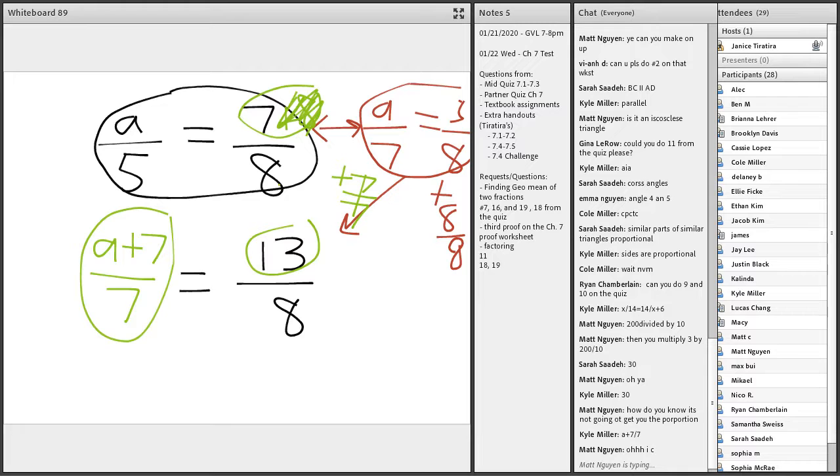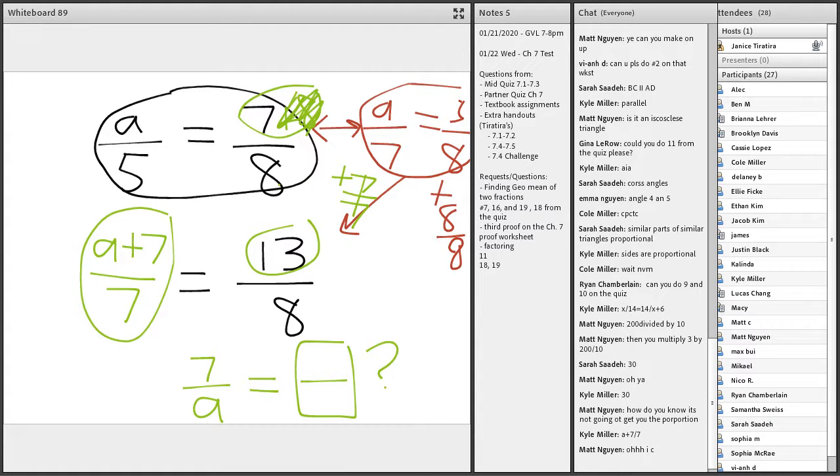What would this answer be using the original or the red one? Okay, if I did 7 over a, what would your fraction be? So that one is not as hard. Nothing is crazy. What fraction would 7 over a be if we used the red or the black proportion?